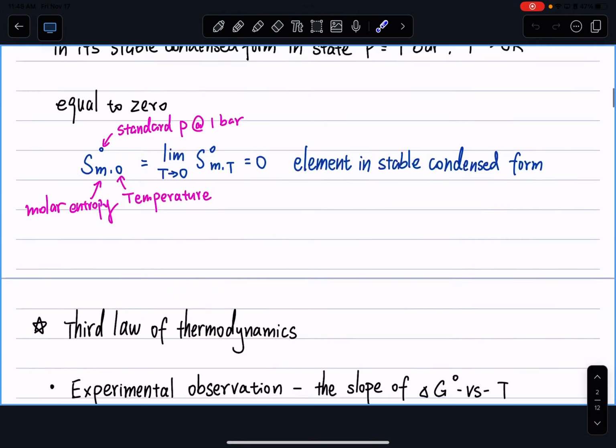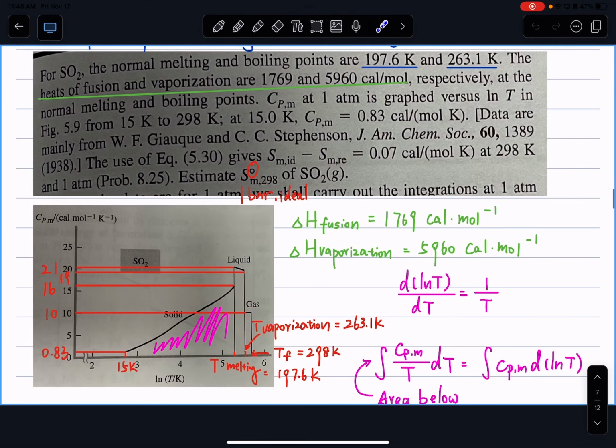So in this case, when we're talking about the delta S change between your temperature of 15 K and your melting point, we approximate your entropy change by looking at the area below the curve here. The reason we can estimate it using the area is because of that derivation. So this part should be pretty straightforward.